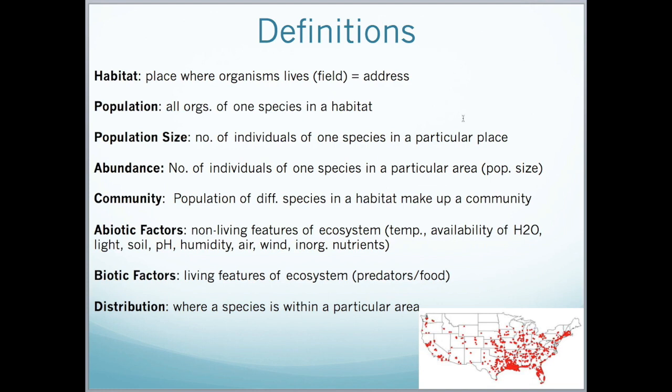Biotic factors are living features of an ecosystem, so these include predators and food. And finally, distribution is where a species is found within a particular area. So for example, here we have a map of America, so we can see the dots represent the distribution of a particular species throughout North America.